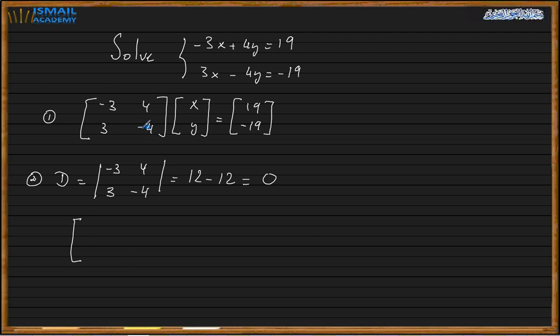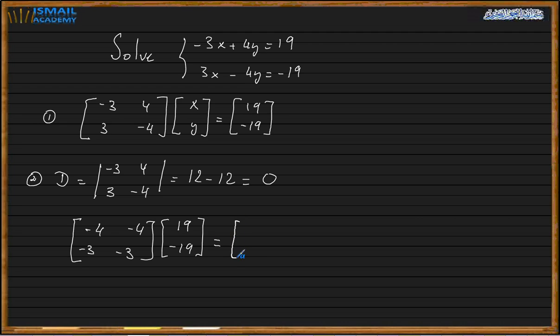So here what I do is switch those two, so it's going to be minus 4, minus 3, and I take the opposite of the opposite diagonal. And I multiply it with the result matrix and see what I will get. If it's equal 0, we have infinite solutions. If it's different than the 0 matrix, that means there is no solution and the system is inconsistent.